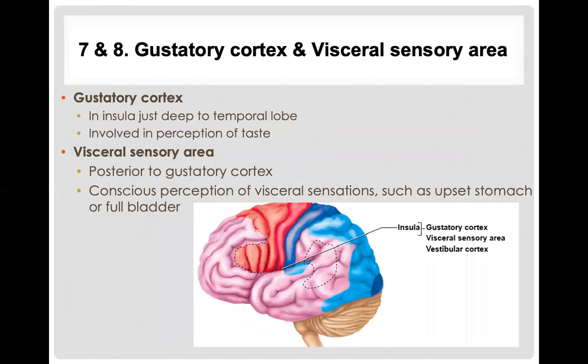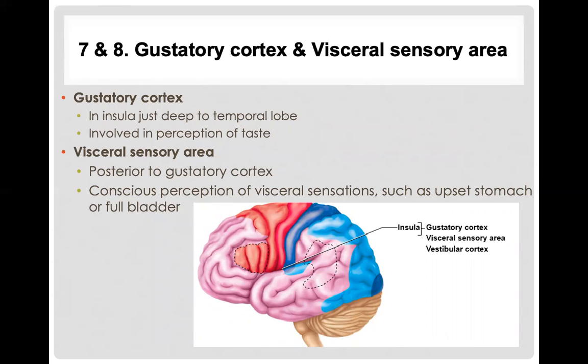Your other two senses that we haven't really discussed in detail are the sense of taste, or gustatory cortex, and the visceral sensory area. Gustatory is also processed by your insula, and it's associated with perception of taste.